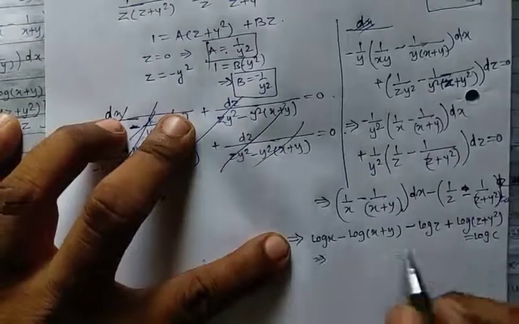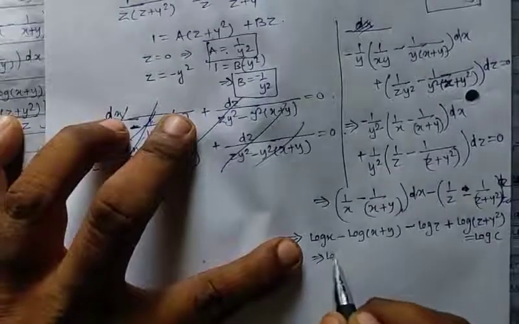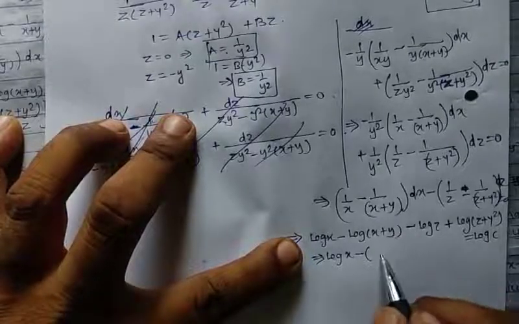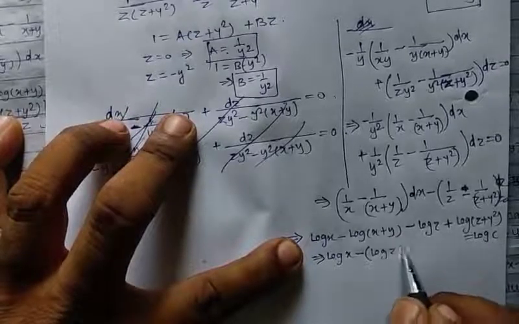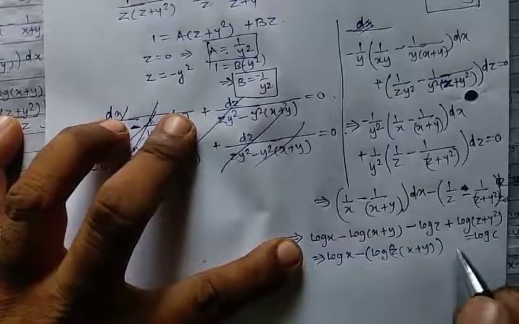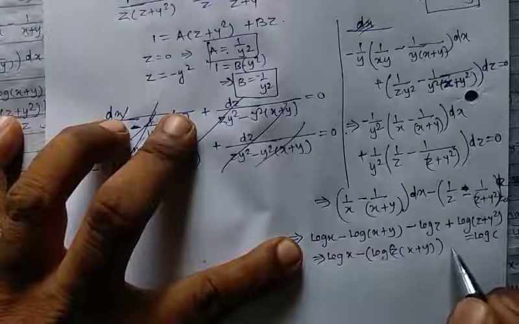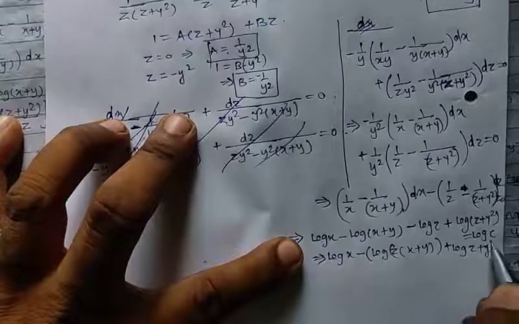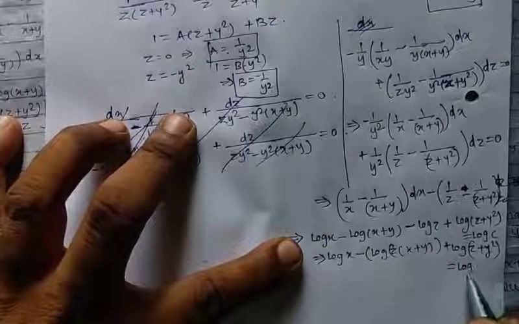This can be written as log x minus, after taking minus outside, log of z into (x + y), plus log (z + y²) is equal to log c, right?